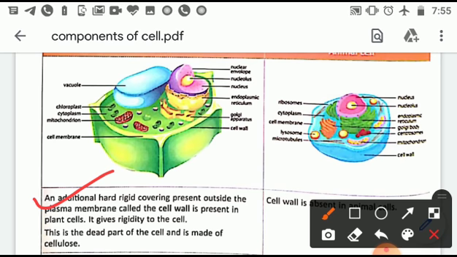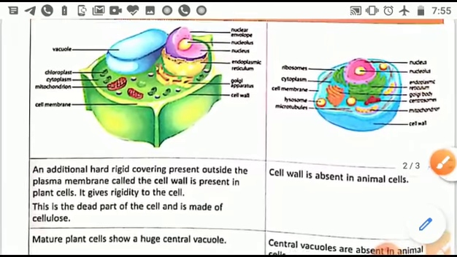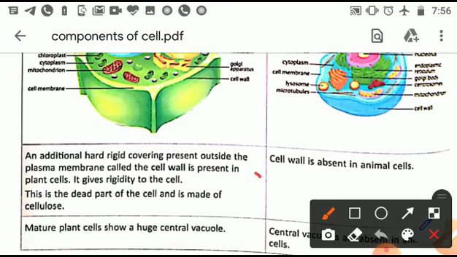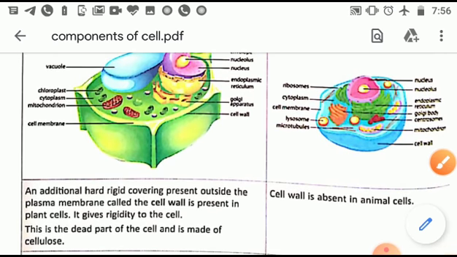An additional hard rigid covering is present outside the plasma membrane called the cell wall, which is present only in plant cells, not in animal cells. The cell wall is not the living part, it is the dead part of the cell and is made up of cellulose. That's why it gives toughness and mechanical strength to the plant and also gives a fixed shape. In animal cells, no cell wall is present.